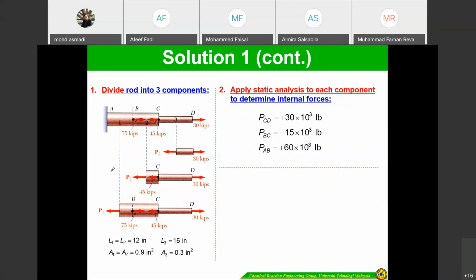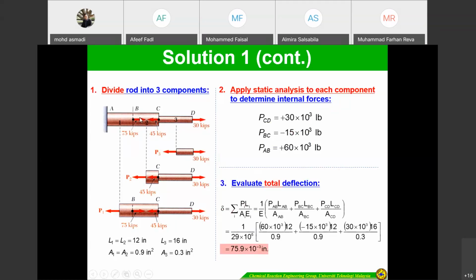And then once you determine the force, you have to evaluate the total deflection. The total deflection is the same since we use the same materials. You substitute PAB, PBC for each section, and the length: LAB is 12, L1 is equal to L2.